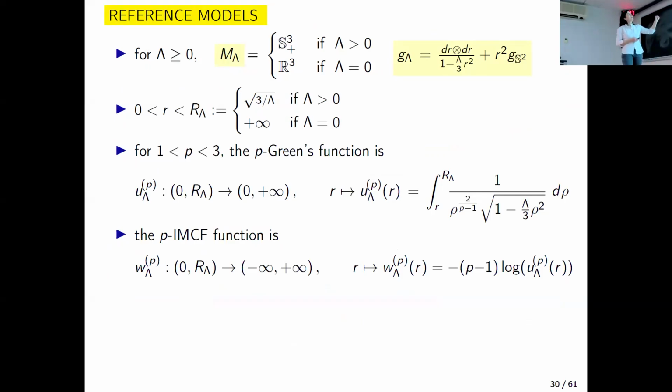Here I also put inside the case lambda equal to 0, because it is a reference model also for the derivation of the lambda and mu parameters. And this is the exact solution in the model case. What are these functions u and w in our model case? This is our p-harmonic function in the model case, and this is the corresponding w function.